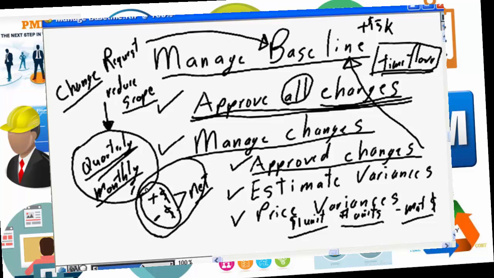Or the change request is going to result in a change to the time baseline. But you need to manage the costs. You need to understand what the impact of the costs on your project is going to be, and you need to take the appropriate actions to ensure that you're managing the costs for your project actively.